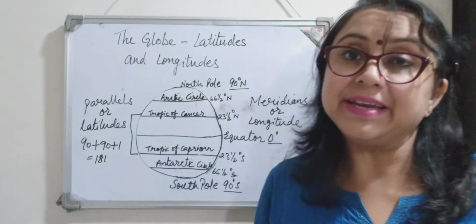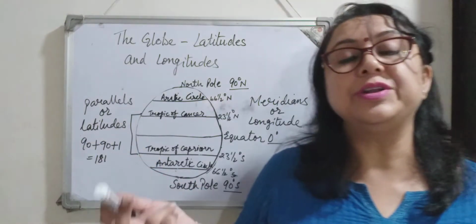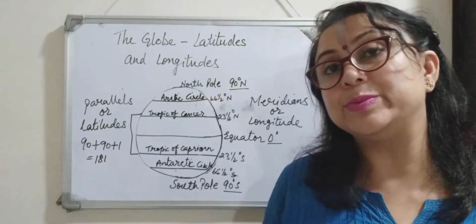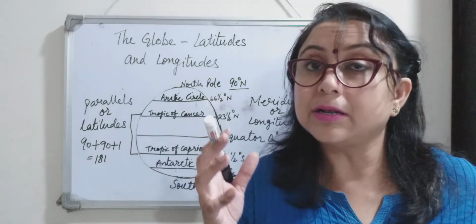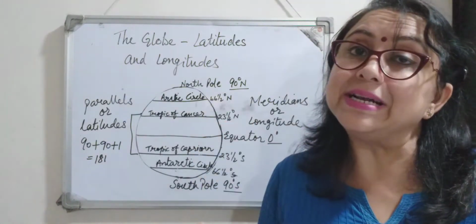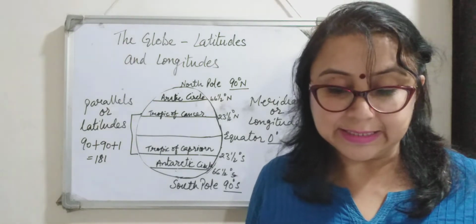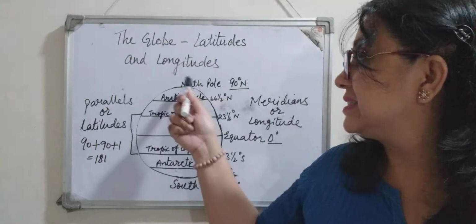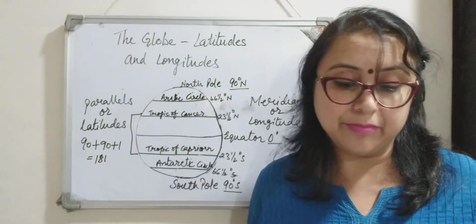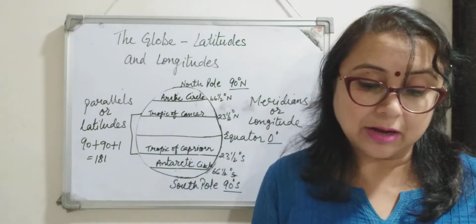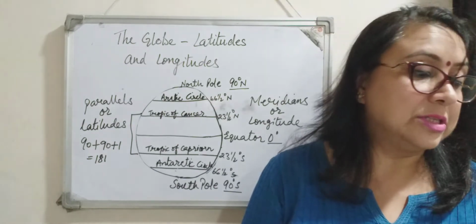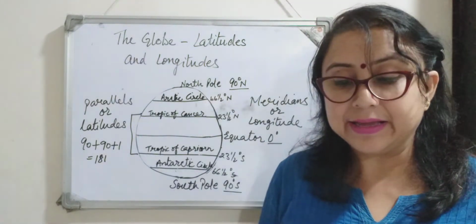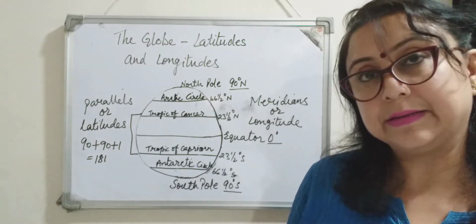So as the name indicates, frigid zone, it means that throughout the year it remains covered with ice. It's the coldest zone, right? So the places near the poles remain frozen throughout the year. So this shows that the frigid zone remains under ice throughout the year.